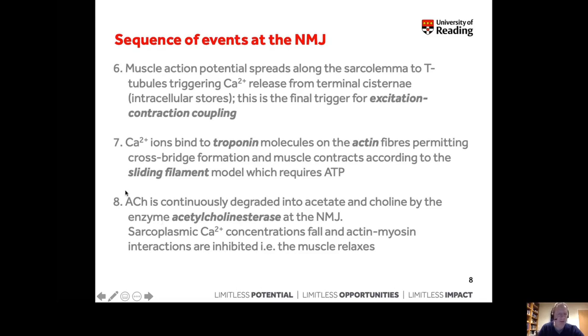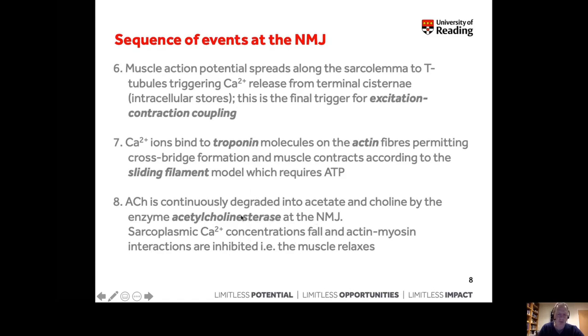And then, to pick up what we've shown you on the previous slide, it's very important that we break down acetylcholine, or else we get problems that can actually lead to death. Acetylcholine is continuously degraded into its component parts, acetate and choline, by an enzyme, acetylcholinesterase, at the neuromuscular junction.